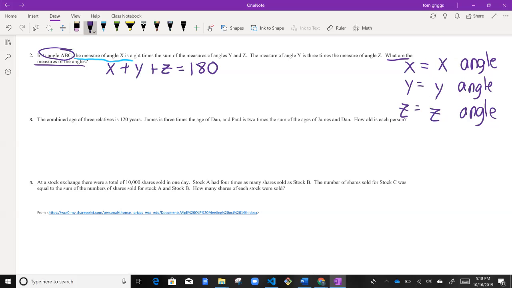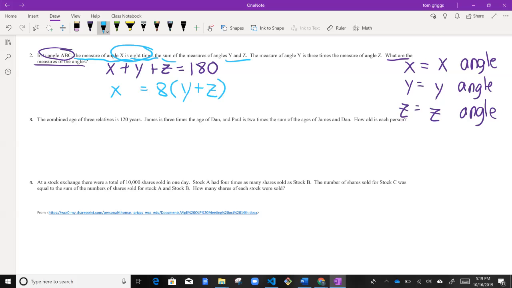But the measure of angle X, so I'm going to write X, is 8 times the sum, so the sum implies addition, the sum of the measures of angles Y and Z. This is implying we're finding the sum of angles Y and Z first and then multiplying it by 8.